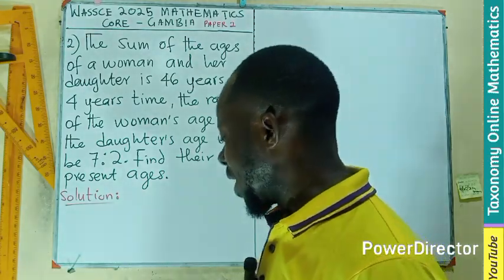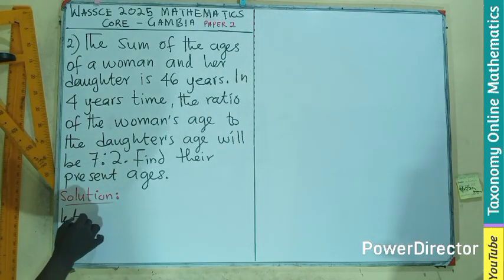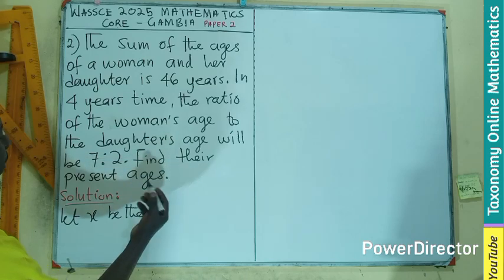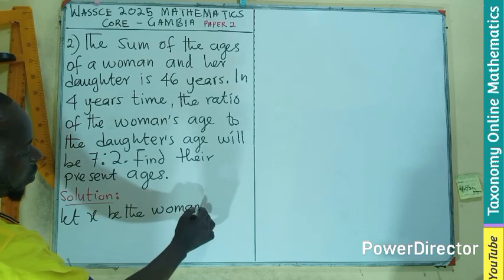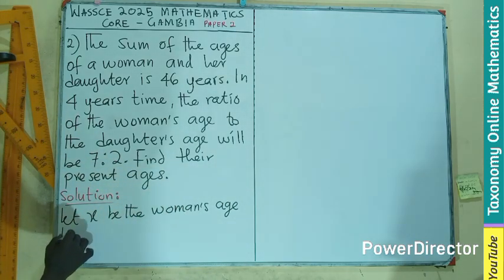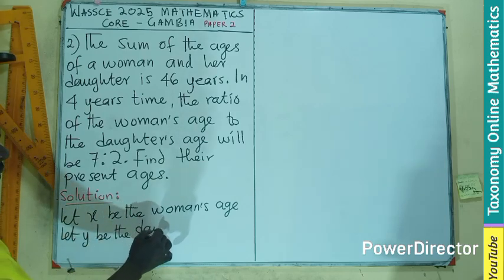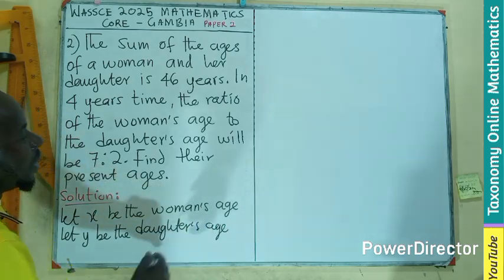So, in order to find their present age, let x be the woman's age, then we let y be the daughter's age.